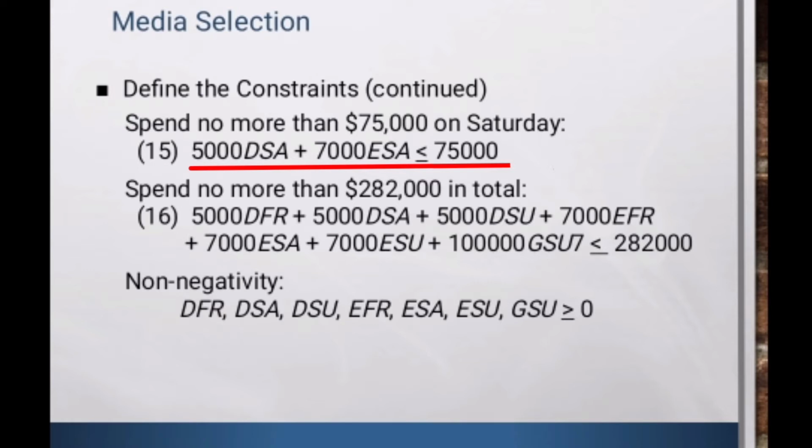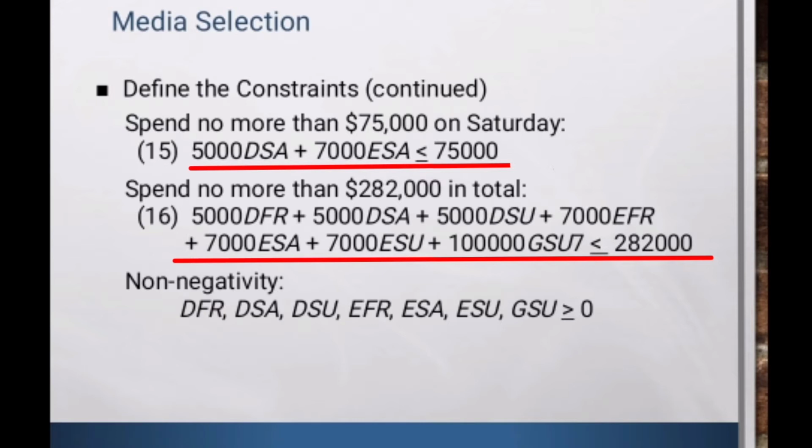And next is spend no more than $282,000 in total, because it is stated there that it has $282,000 to spend on advertising. So 5,000 DFR plus 5,000 DSA plus 5,000 DSU plus 7,000 EFR plus 7,000 ESA plus 7,000 ESU plus 100,000 GSU is less than or equal to 282,000.